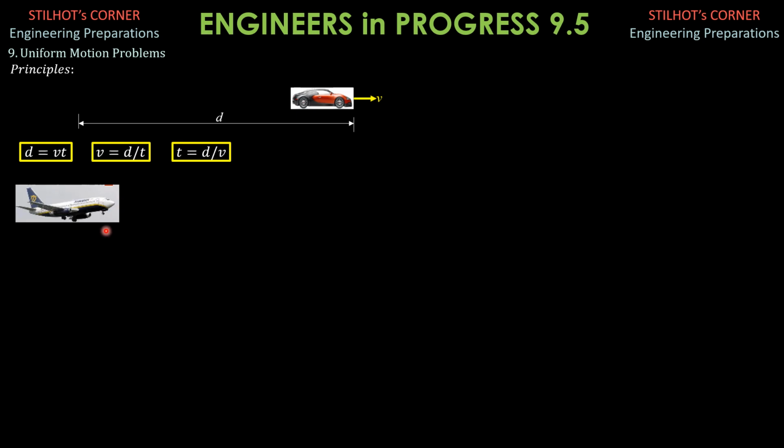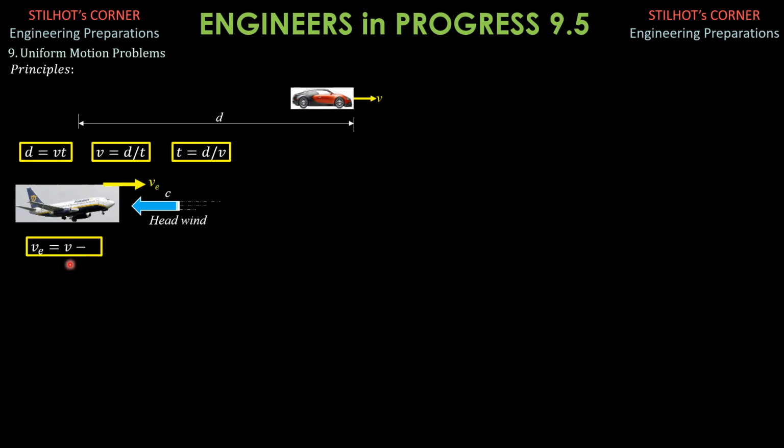So we have here another situation. We have an airplane and it travels in a medium where there is headwind. The headwind is the wind that is on the head of the plane, so it is blowing against the plane. And if the speed of the plane in still air is v, then the effective speed would be v minus the headwind c.